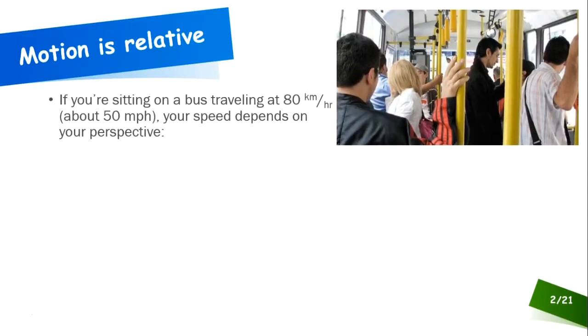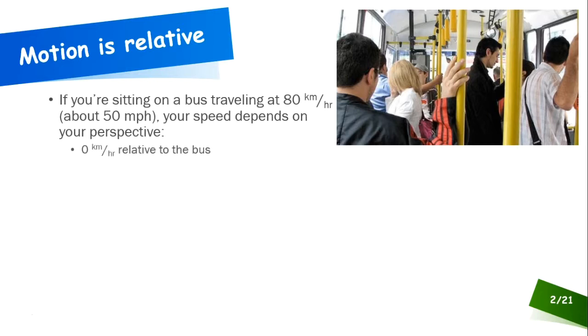So, to start off with understanding Einstein's special theory of relativity, we need to talk about the relative nature of motion. So imagine that you're sitting on a bus. The bus is traveling at 80 kilometers an hour, and the speed at which you're going will depend on your perspective.